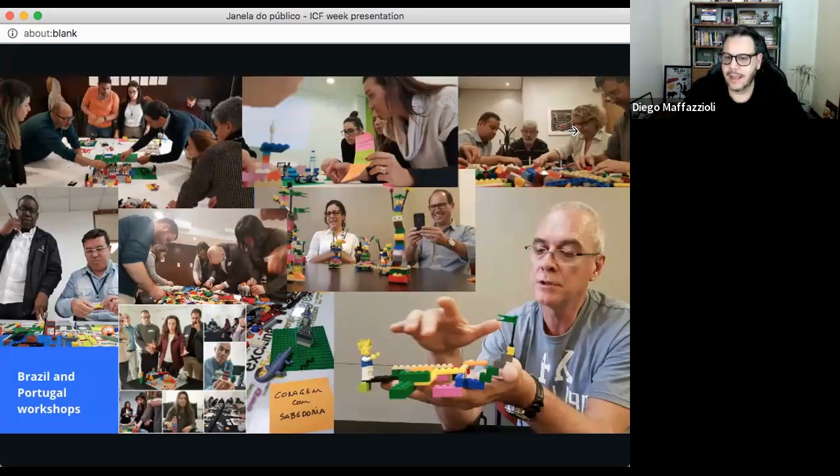For example, at bottom right, I have a man that is using the stage, we call the stage, okay, to tell a story about his model. Take a look because it's a good photo because he's immersed in telling his story, and this is very important to Lego Serious Play.